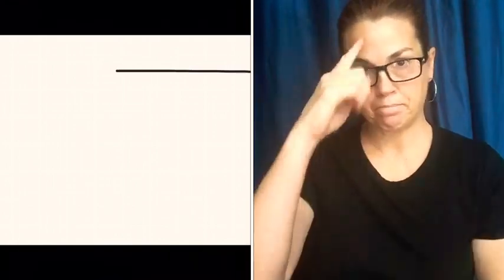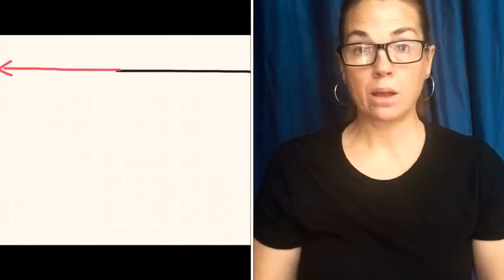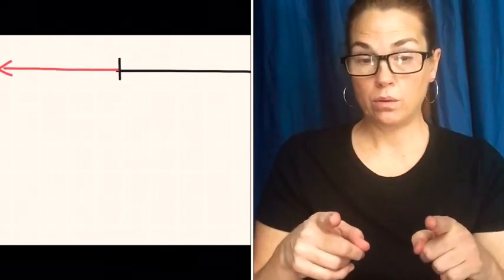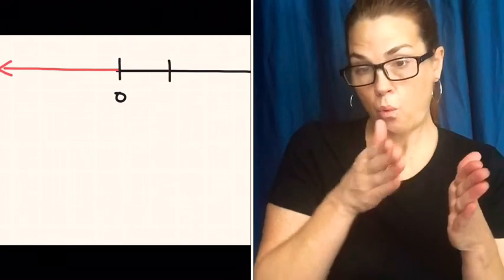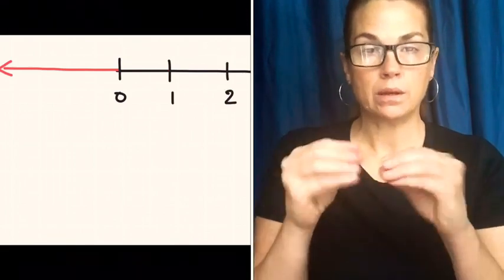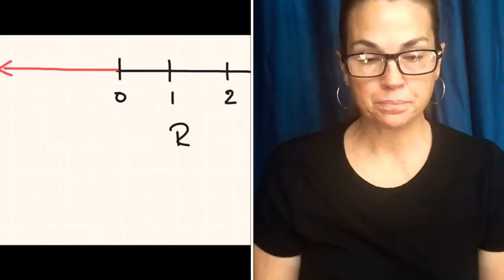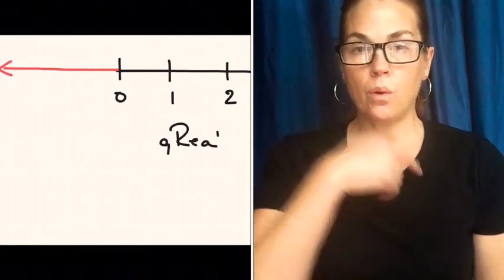The best tool to use when ordering rational numbers is a number line. On a number line, we know that as we move to the right, we get greater.